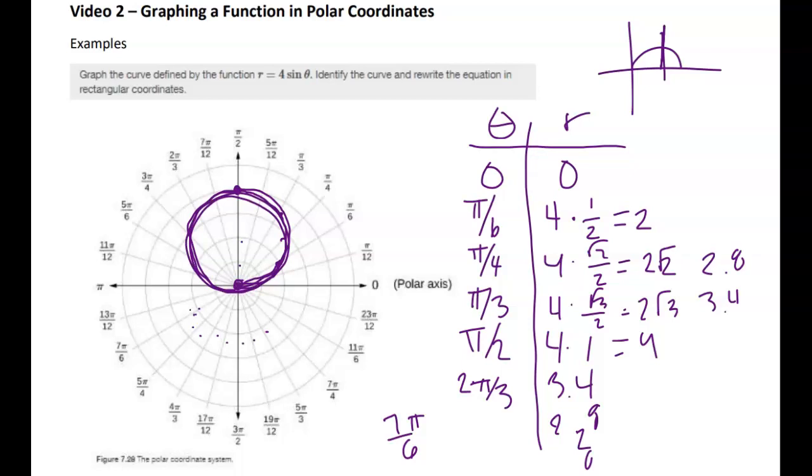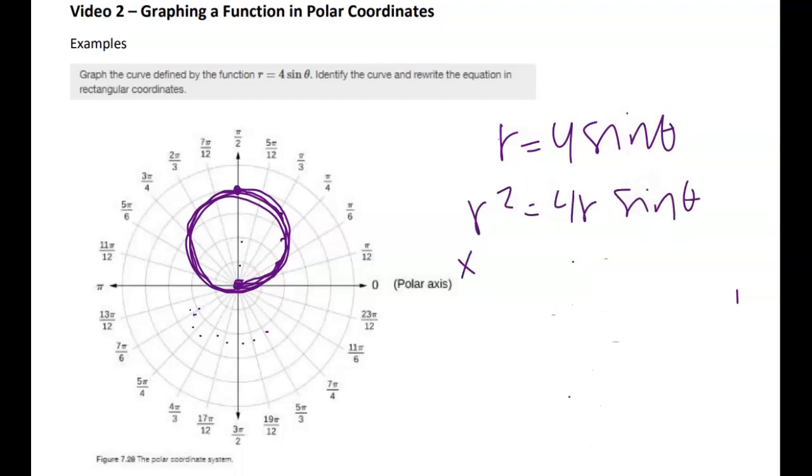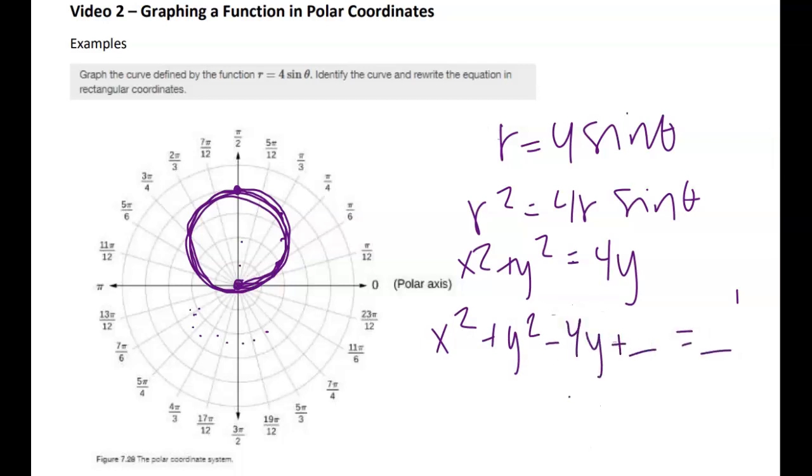All right, if I wanted to rewrite this in rectangular coordinates, remember our trick is we're going to multiply through by r. And so I get x squared plus y squared. R times sine is a y, so 4y, bring that over, x squared plus y squared minus 4y plus something here.